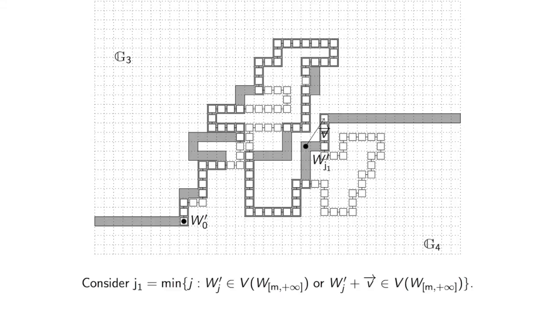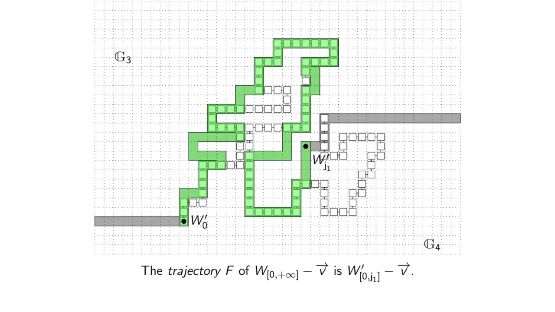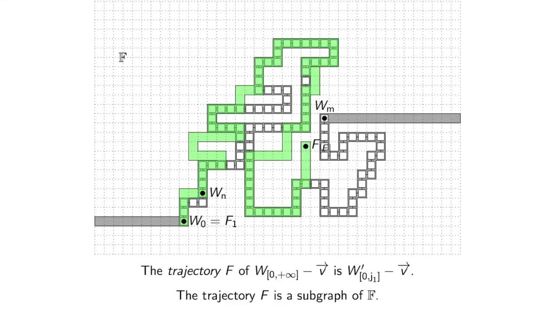Consider the smallest index J1 such that the position of the window W prime at index J1 is east of the last tile of the path assembly P, or such that the translation by the vector V of the position of the window W prime at index J1 is east of the last tile of the path assembly P. The trajectory is defined as the segment of the window W prime from index 0 to index J1. This trajectory is in green.